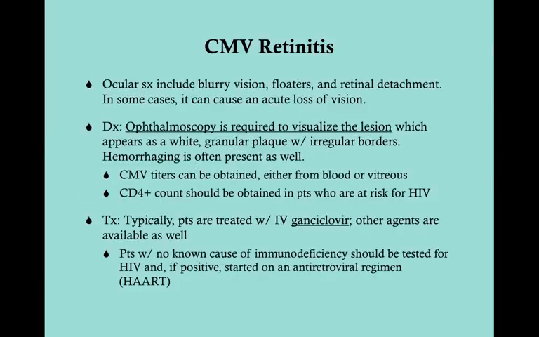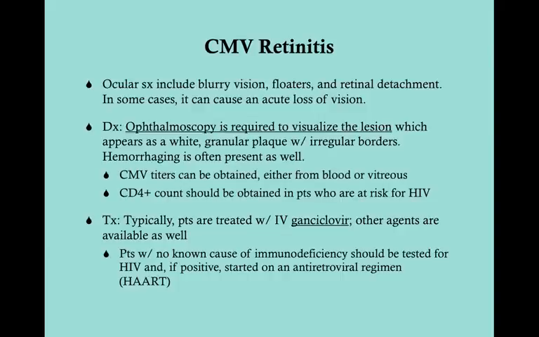All right, so the ocular symptoms, as mentioned before, in almost all retinitis, universally include blurry vision, floaters, and retinal detachment. In some cases of CMV retinitis, it can be more acute and can be a very sudden loss of vision. But typically, this is a more progressive deterioration in vision and ultimately retinal detachment.